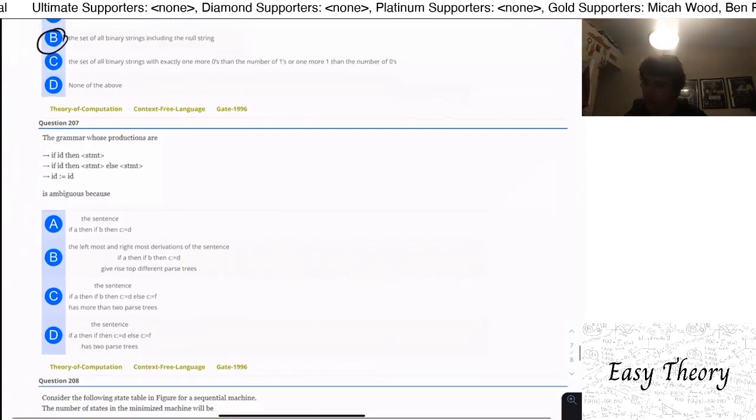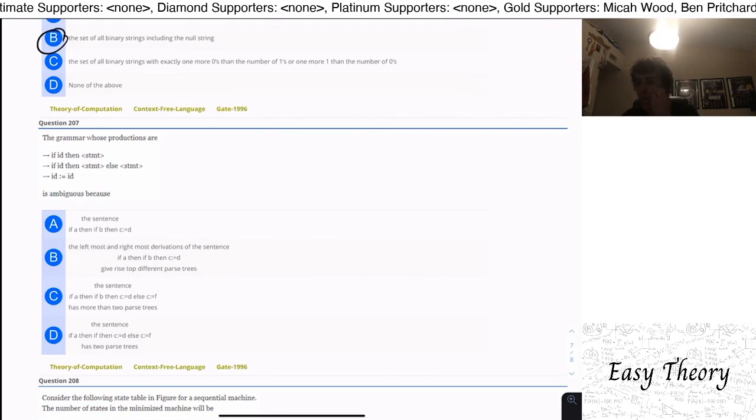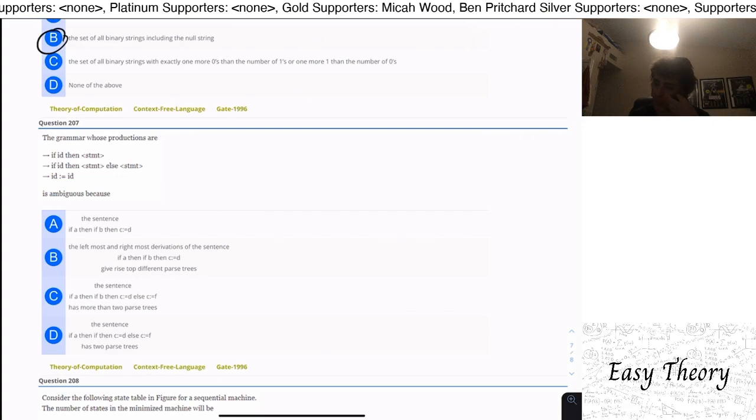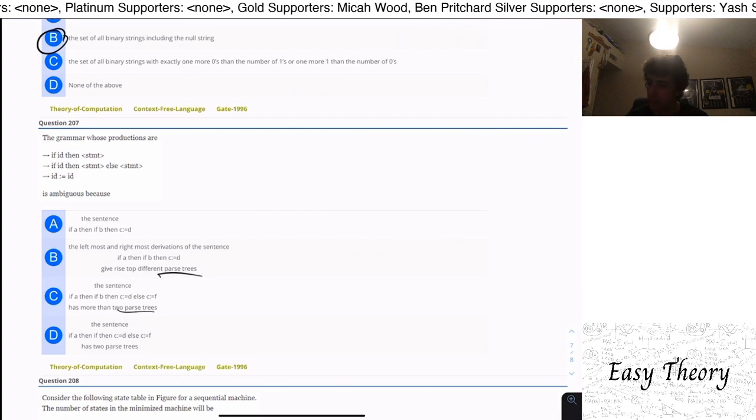The grammar whose productions are this is ambiguous because so I don't think it's A because it needs to mention parse trees to start with.